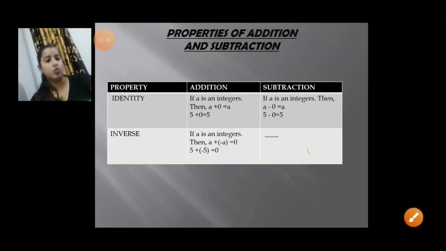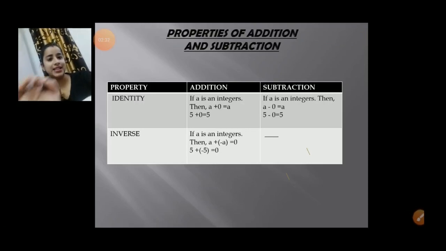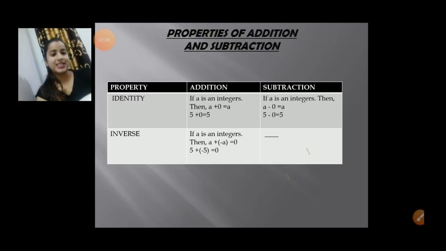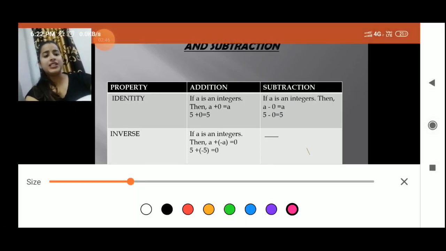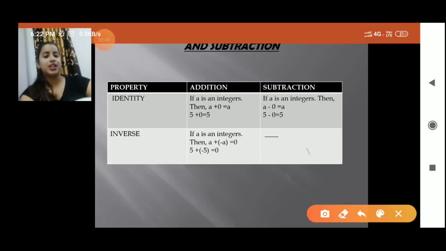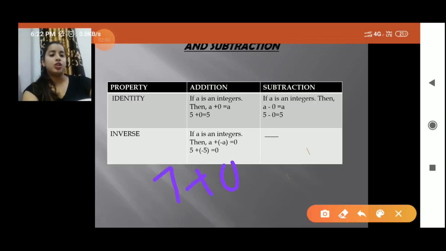Now next comes another property, which is identity property. It states that if a is an integer, then a plus 0 equals a. For example, if we add 5 with 0, we get 5. Similarly, you can take another example. If you take 7 plus 0, you will get 7.